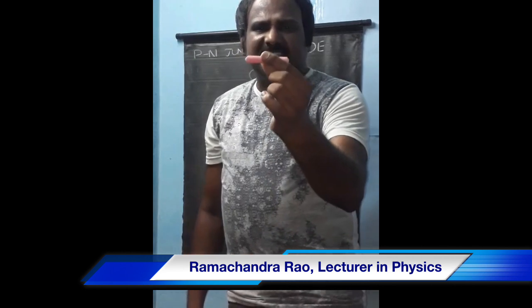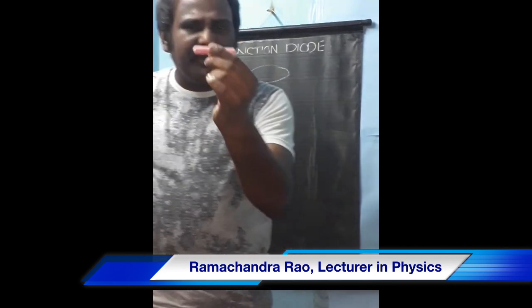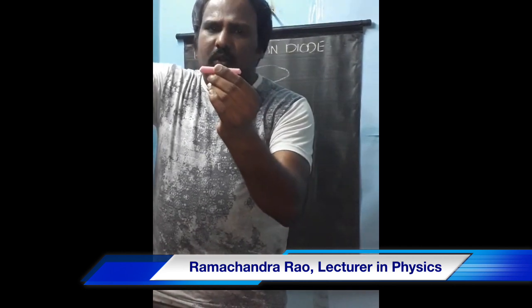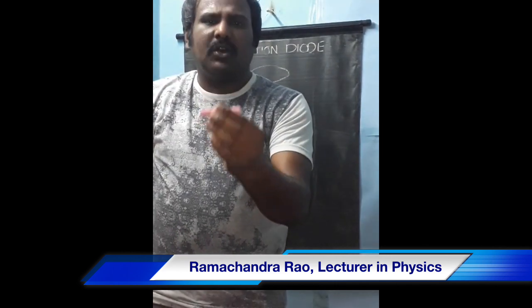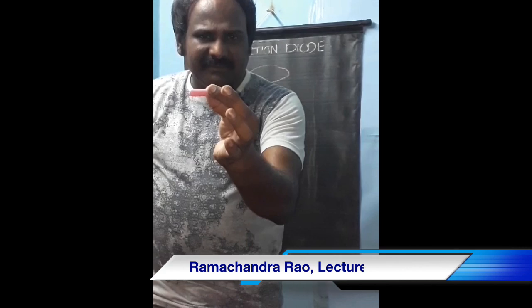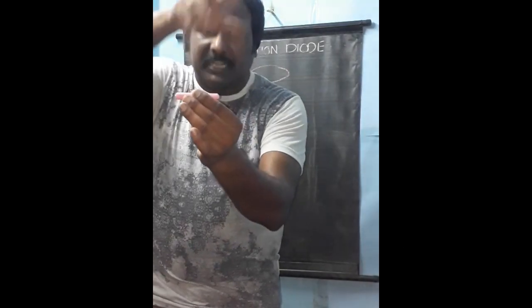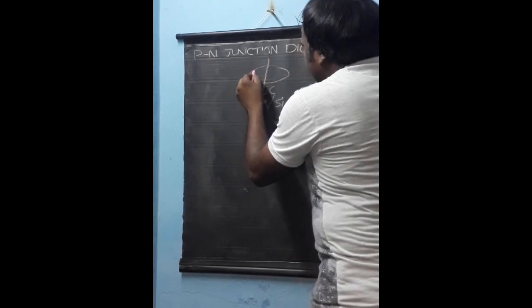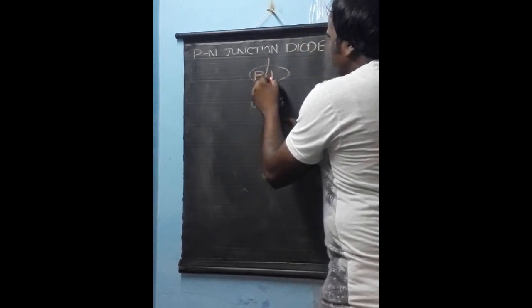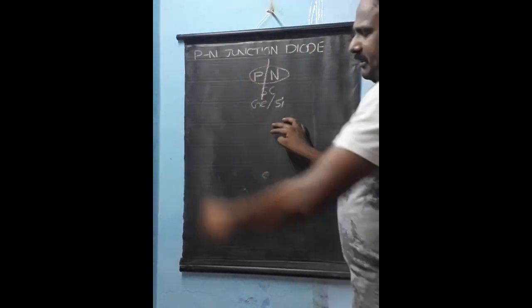So when a semiconductor is doped, a part becomes P-type and the remaining part becomes N-type.